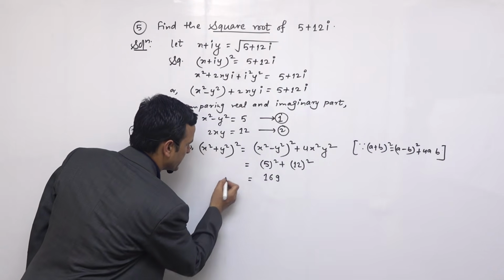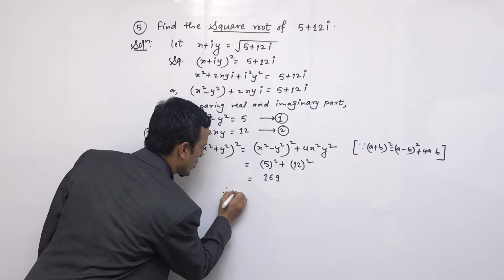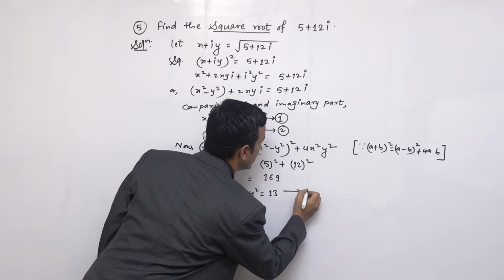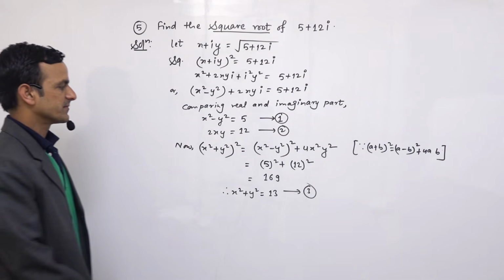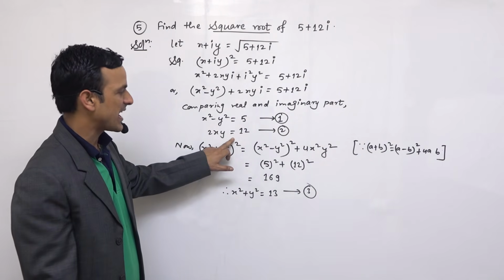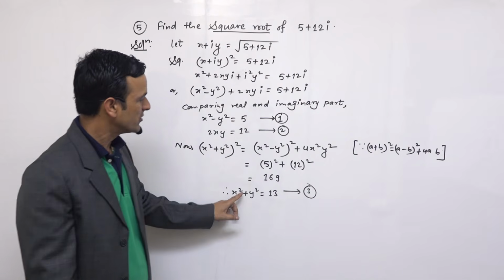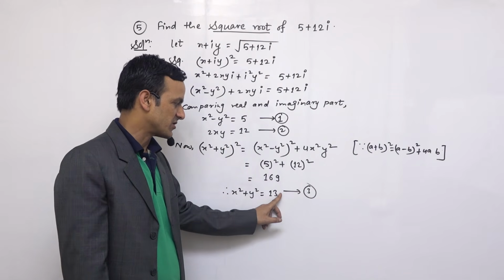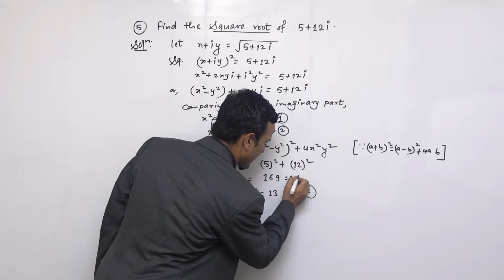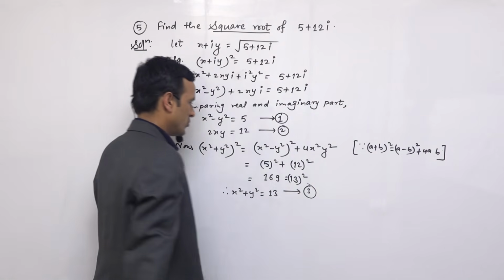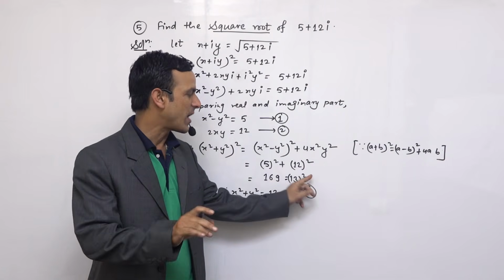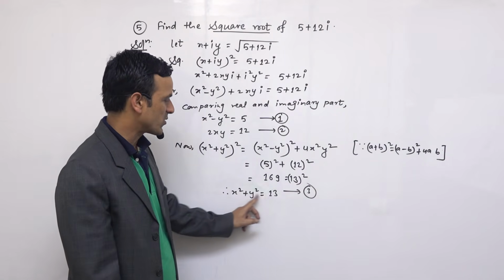Then this is the square, so x square plus y square is equal to 13. This is equation 3. This is the square of 13, so the square and square cancel. Then we get x square plus y square is equal to 13, because this is the square of 13.